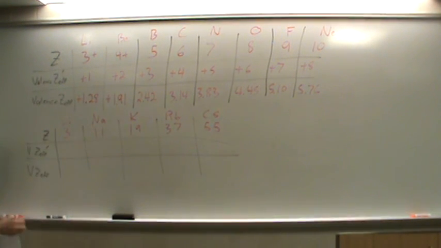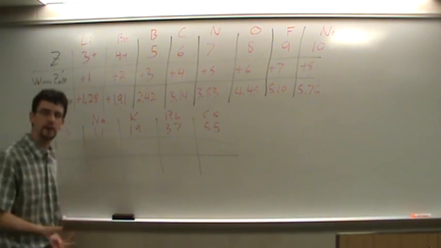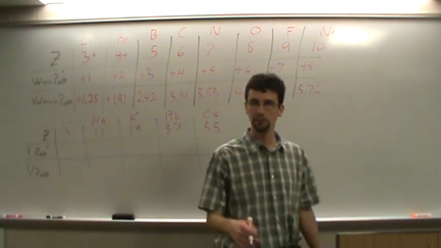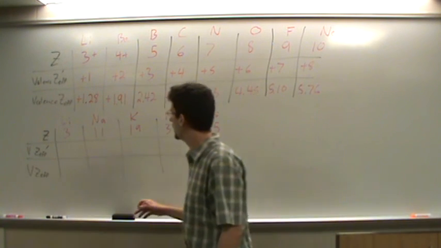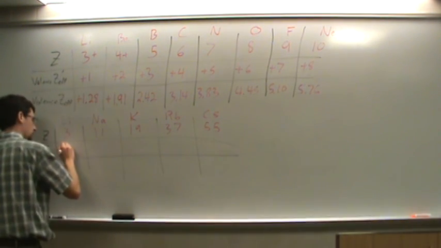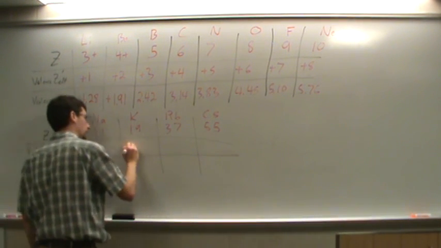If we look at the approximate Z effective, the one we can calculate from those slight parameters, we find it's +1 across the board.